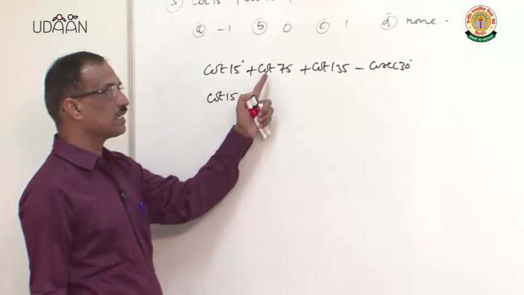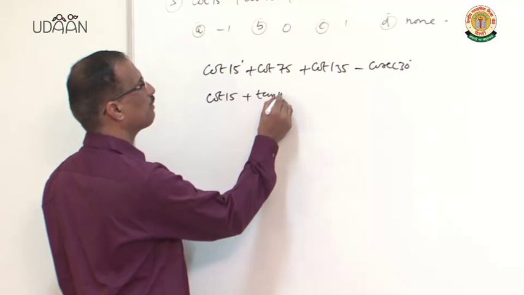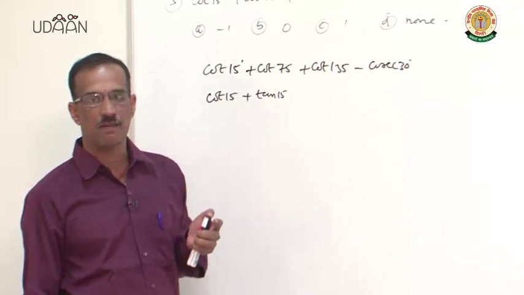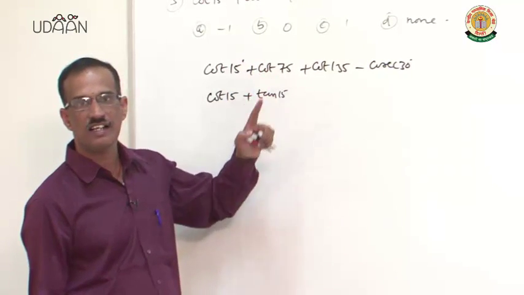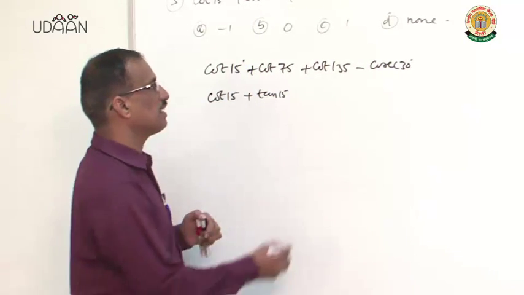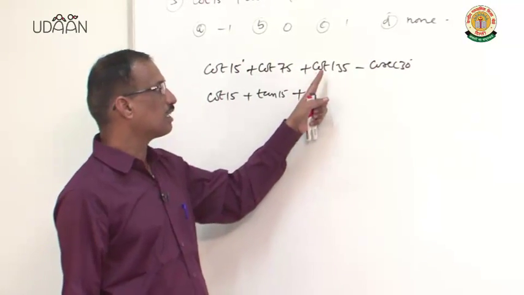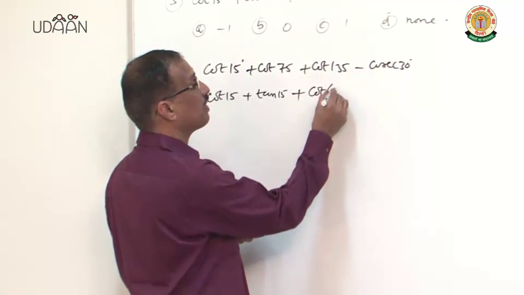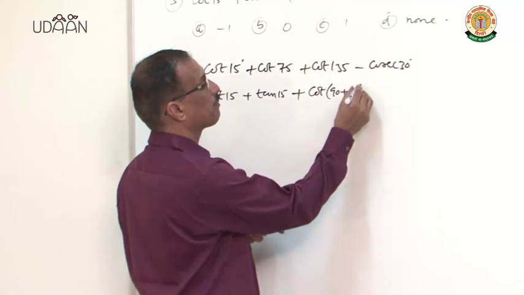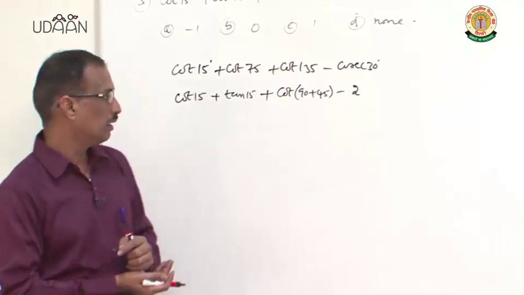We know that cot 75 is the same as tan 15, because cot 90 minus theta is tan theta. Plus here also you can write this as cot 90 plus 45, minus cosec 30, which is 2, that you know well.